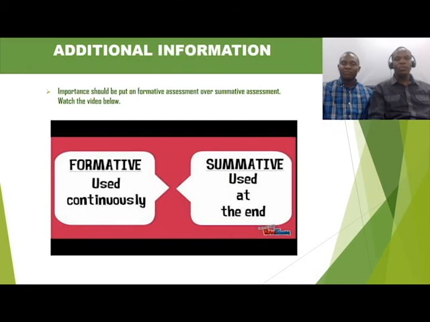And what is most important is that with these two tech-based tools, Kahoot and Wondershare, we can also conduct summative assessment if we want to have grades for our students. We'll be doing them at the end of the chapters, because formative assessment is an ongoing process, whereas summative assessment is at the end of the chapter.